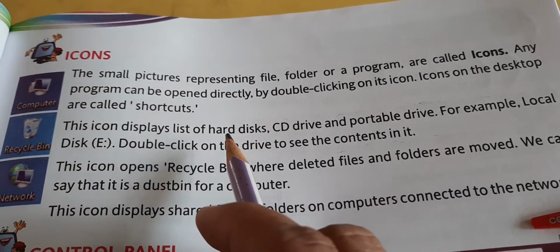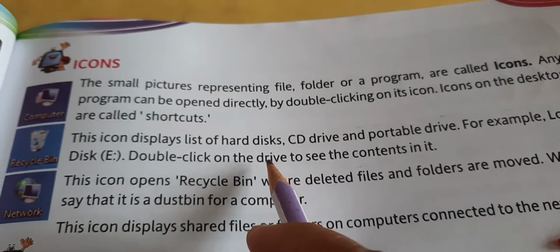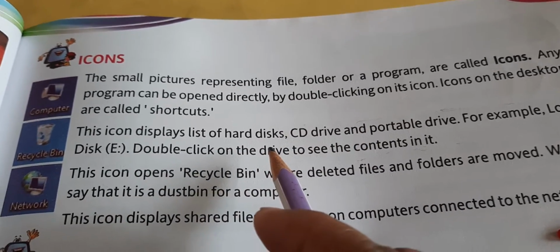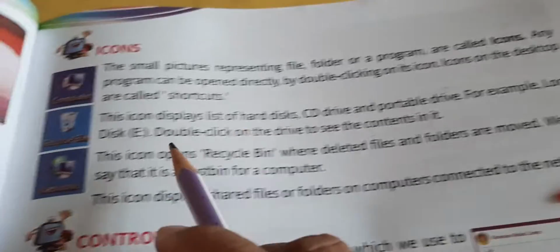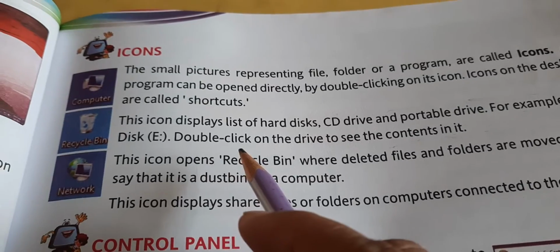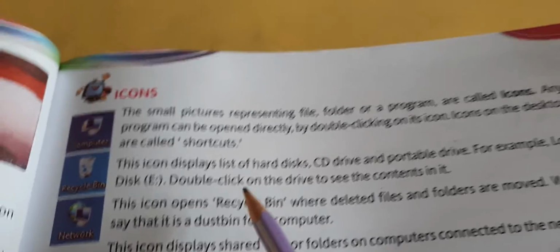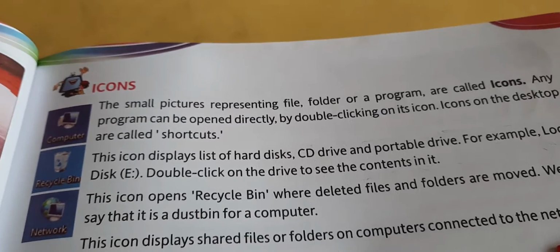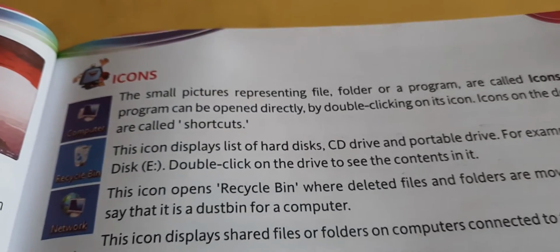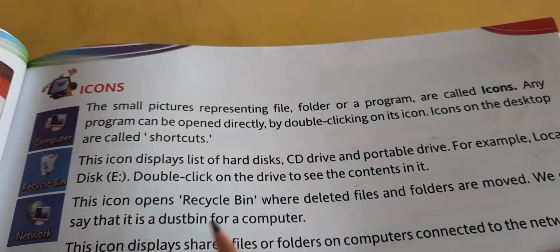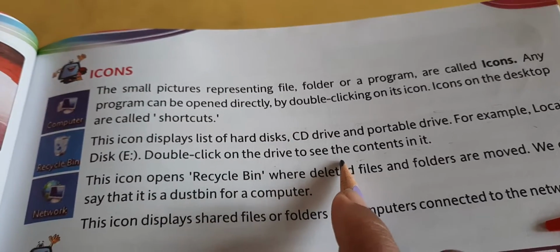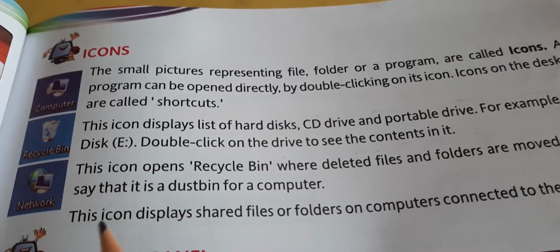Other than that, it will show us the various drives of hard disk in which we can see the content and we can open it directly from there as well. Like for example, local disk E. Usually what we see there is C drive, D drive and E drive. At times, instead of E drive there is F drive there. So when we double click on it, we can see its content and so on and so forth.